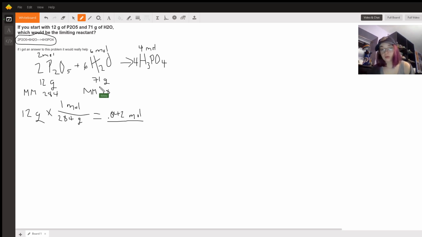Now we need to do the same thing for H2O using that molar mass. So we start with 71 grams, and we're going to multiply by 1 mole over 18 grams.